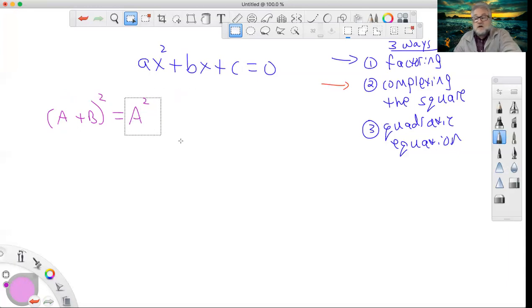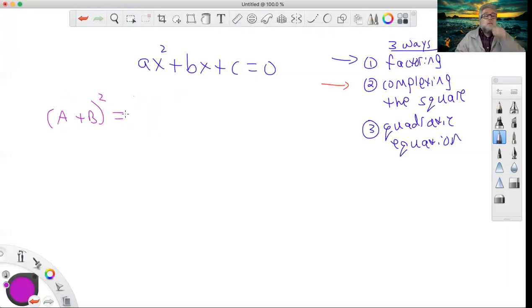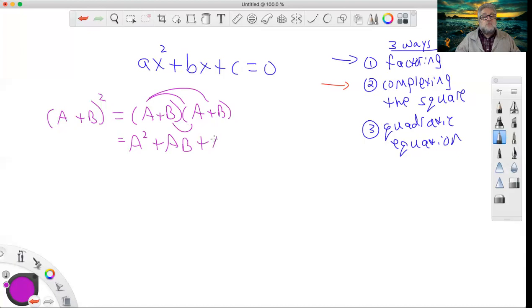I'm going to get rid of that too, because I would have to write this as a plus b times a plus b. And then first 2, a squared, outside 2 plus ab, inside 2 plus ab, last 2 plus b squared. So this is a squared plus 2ab plus b squared.